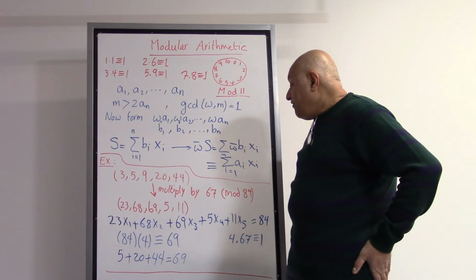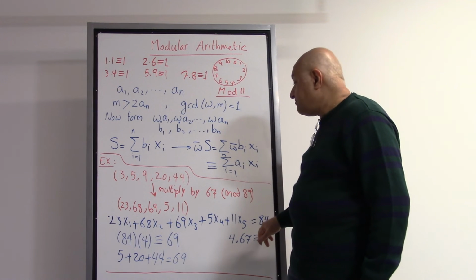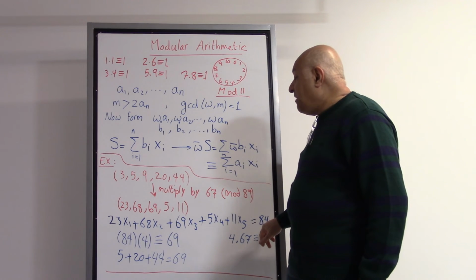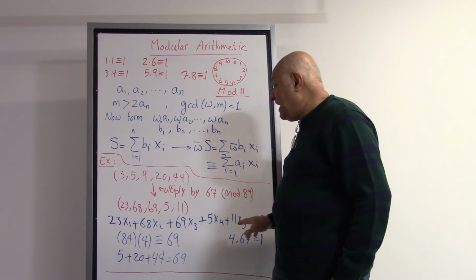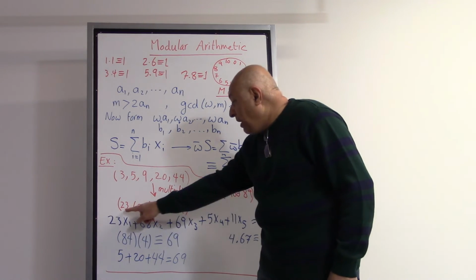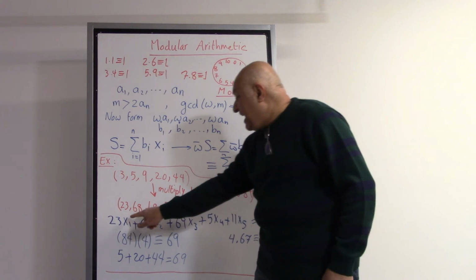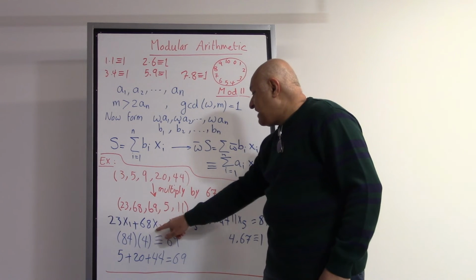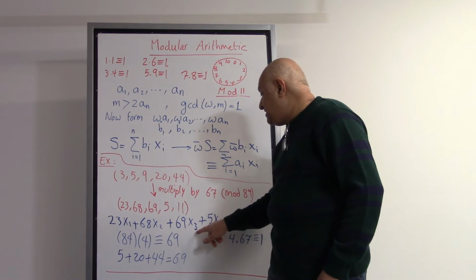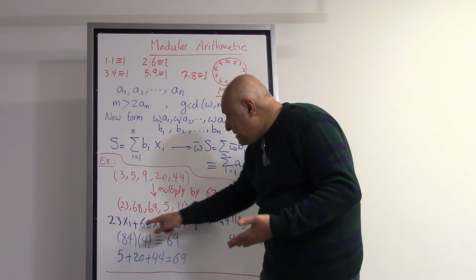So, for example, let's say somebody has a message from x1 to x5 and takes these things and multiplies by this, which is now the public key. x1 times 23 and 68 times x2 and 69 times x3, and creates a number, depending on the message.